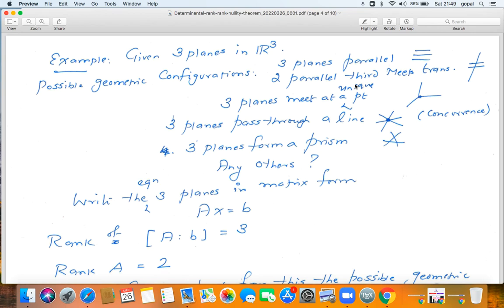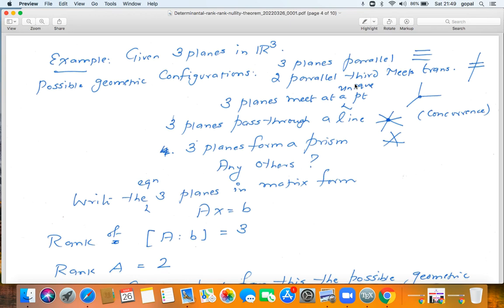The three planes may meet at a unique point, like the three coordinate planes, the XY plane, YZ plane, ZX plane. The three planes may pass through a line, like three pages of a book. Or the three planes may form a prism. Are there any other configurations? Please discuss amongst yourselves and argue out your case.